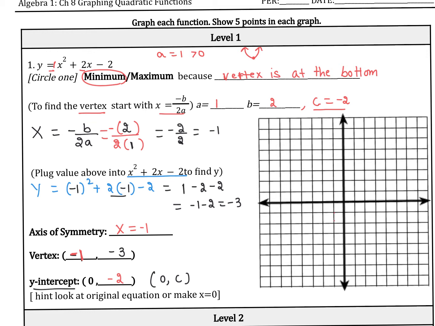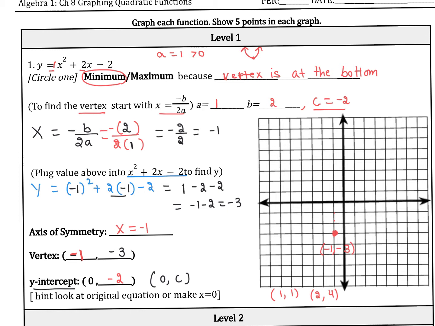So 1, 2, 3. This is your negative 1 comma negative 3. After that, you can apply the formula, that is the pattern 1, 1, 2, 4. Or you already know that the next point is 0 comma negative 2.